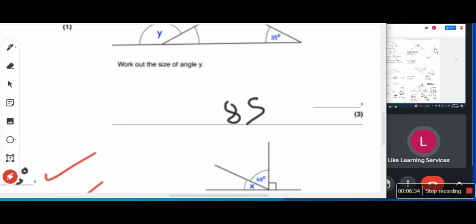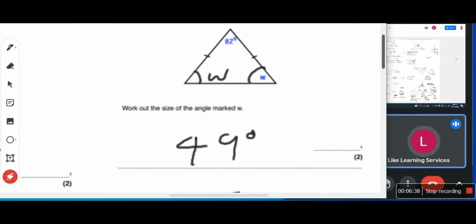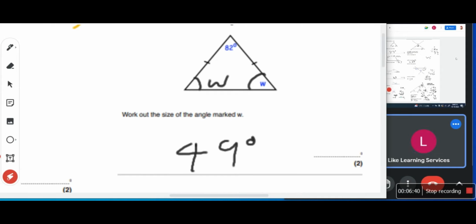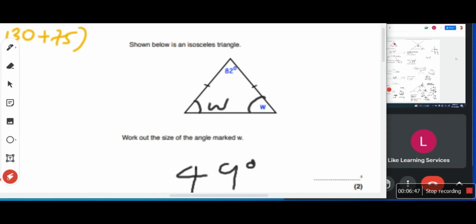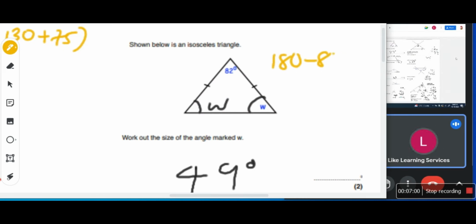Let's see. You are doing well, except for that one you made a mistake. Let me see this one. Okay, this also shows that it's isosceles. So the base angles must be equal. W, here is W, here must also be W. And since this is 82, I think what you did was, since everything is 180, you did 180 minus 82. And you got 98, I guess.